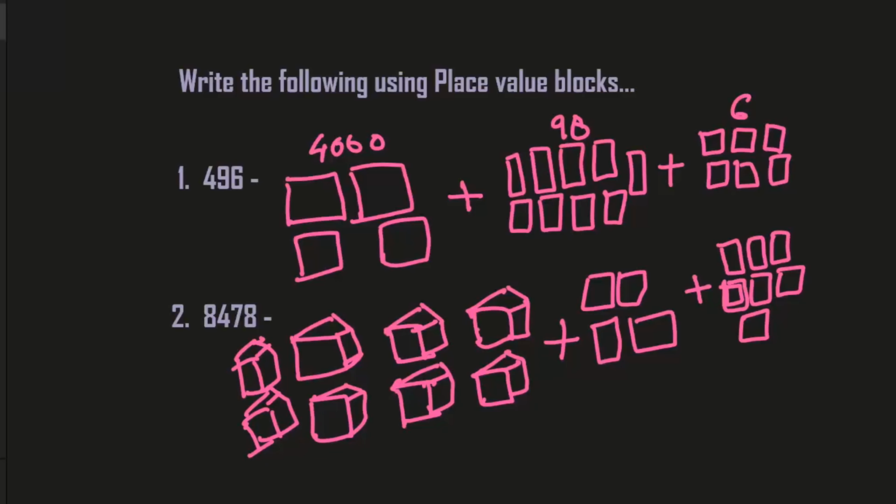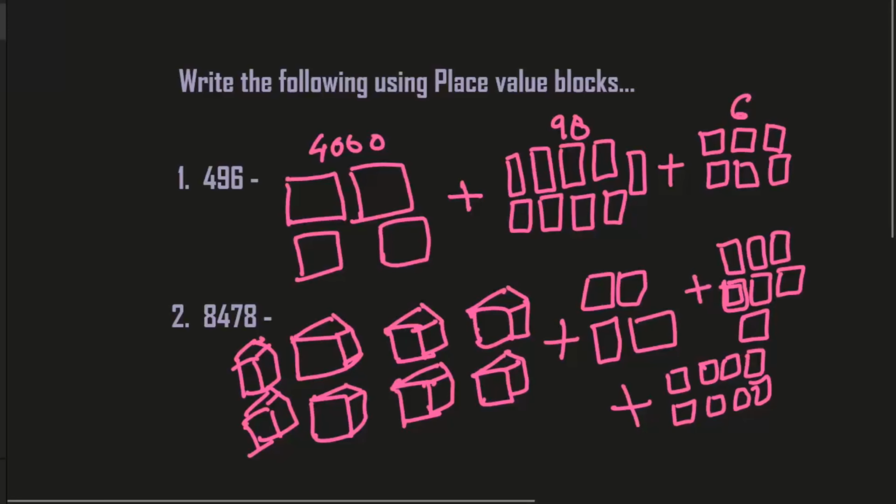Now finally, 8. Sorry, I'm supposed to put a plus sign. Plus 8. So 8 tiny squares. Now that's how you do numbers using place value.